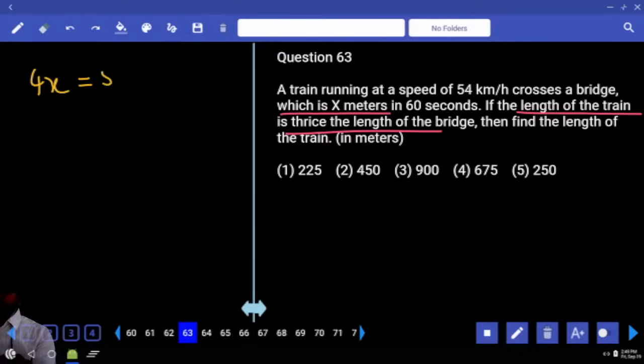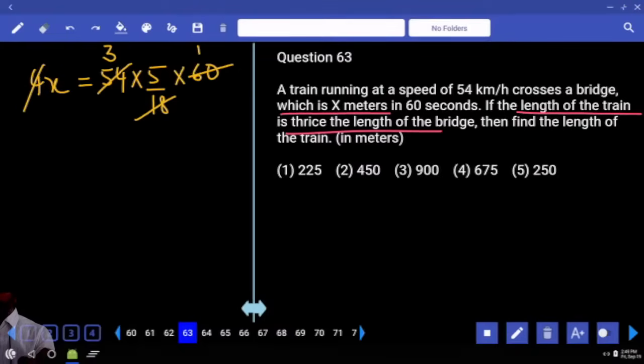Speed of the train is 54 km per hour, converted to meters per second, 15, and the time they said is 60. 3 into 5, 15 into 15.